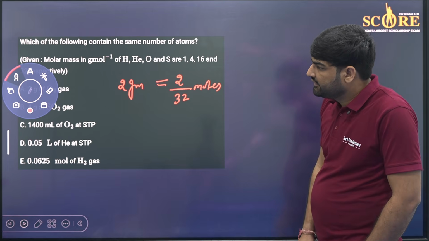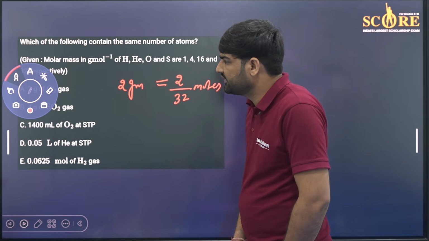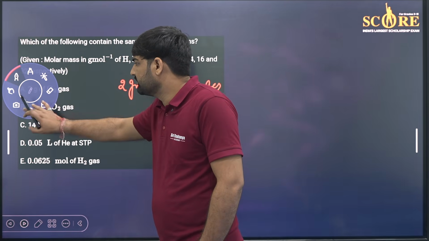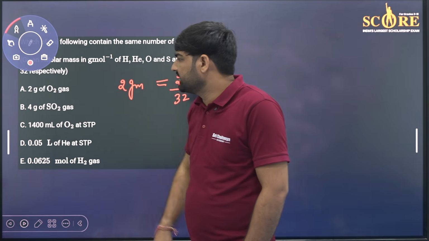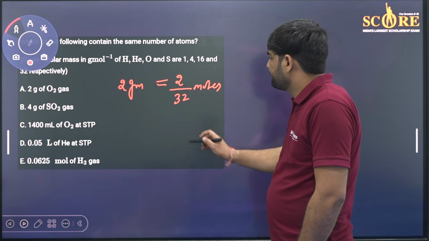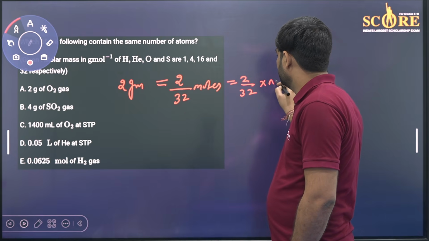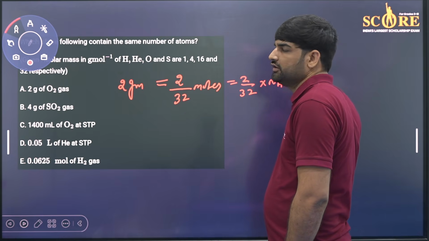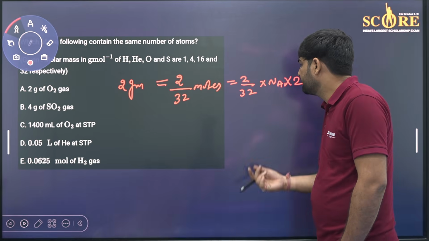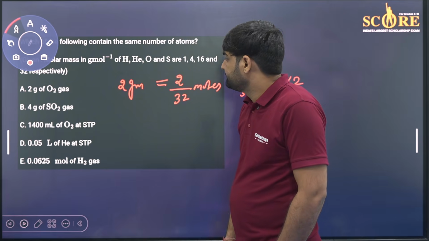Mass divided by molar mass. Molar mass of oxygen, how much is it? I want to talk about O2, and if we talk about O2, then 32 gram. This is mole. Now this is molecules of O2, and one molecule contains 2 atoms. Then this will be the number of atoms of oxygen.